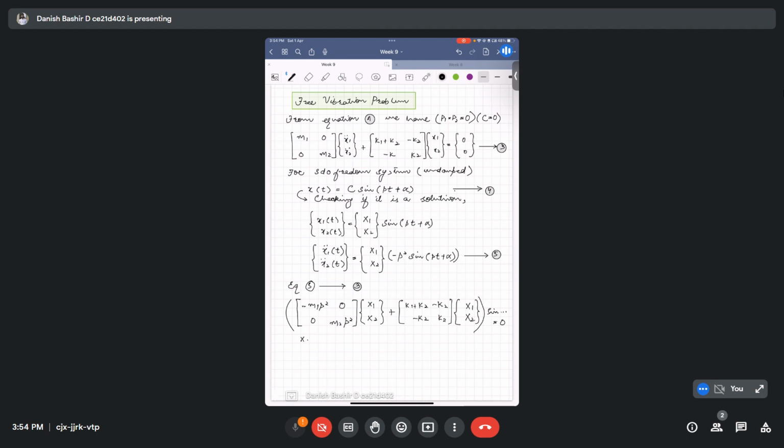If x1 and x2 are equal to 0, that will be a trivial solution. For a non-trivial solution, this must have a solution.